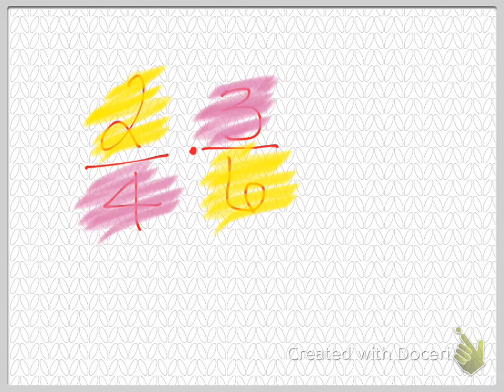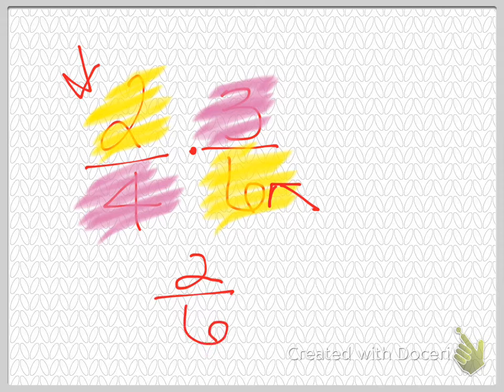I like to do this because it separates the actual fractions. I'm going to do a yellow numerator, which is 2, and a yellow denominator, which is 6. I'm going to put them in their appropriate positions so I know exactly what I'm looking at.